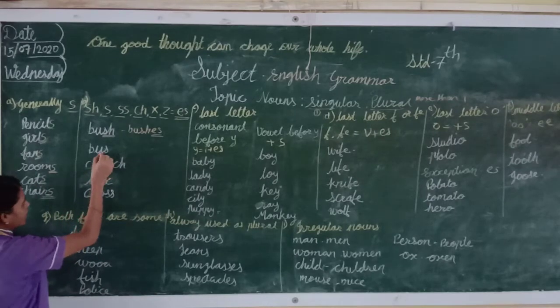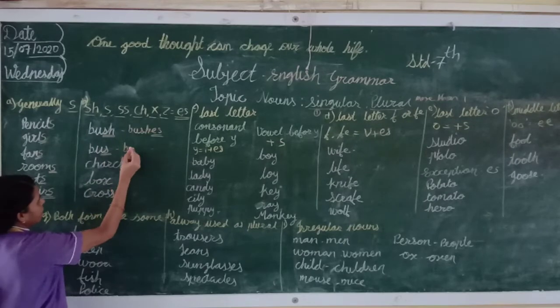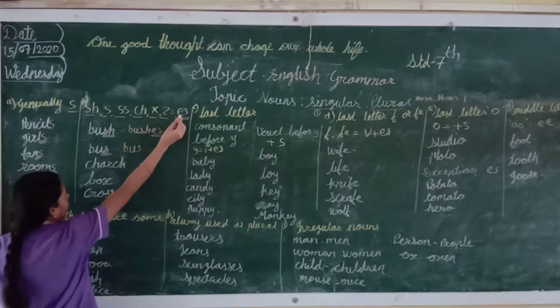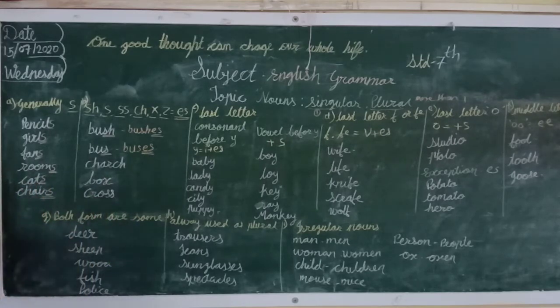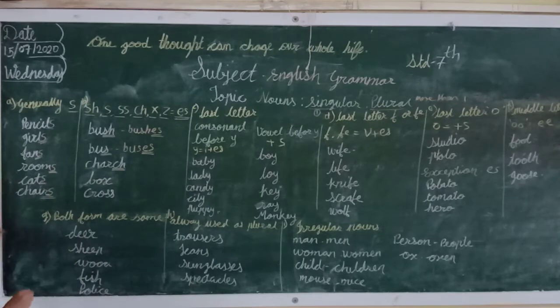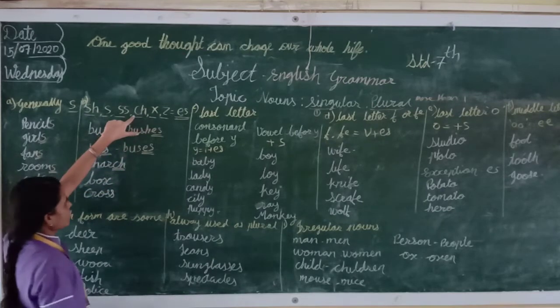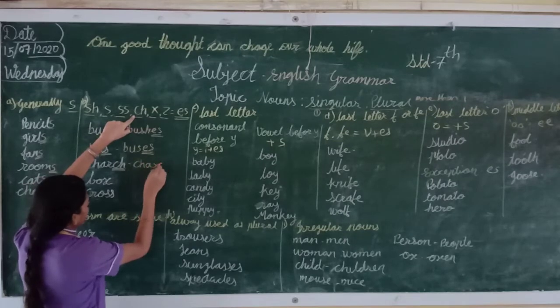What is the last letter here? S. So what do we write here? Bus, buses. Now church. What is the last letter? CH. So what do we write? Churches.